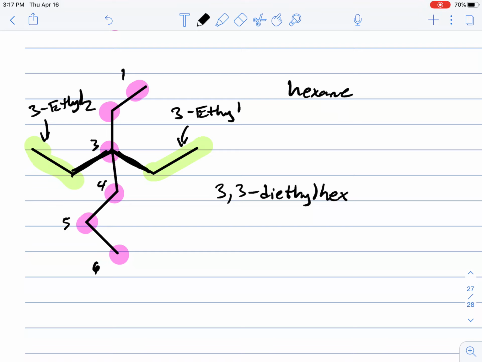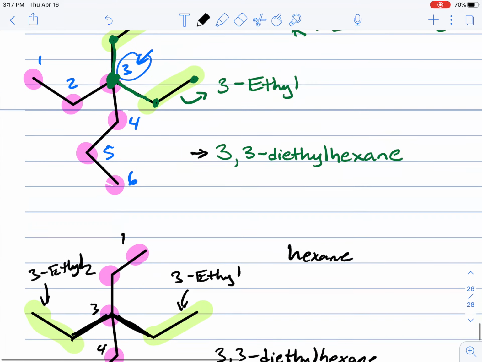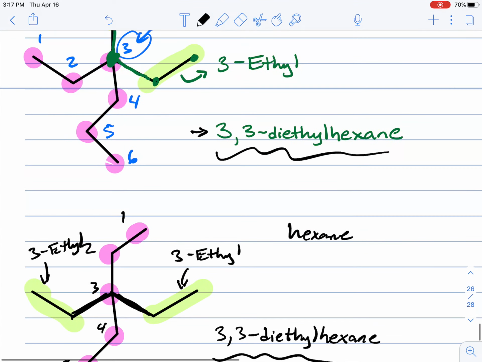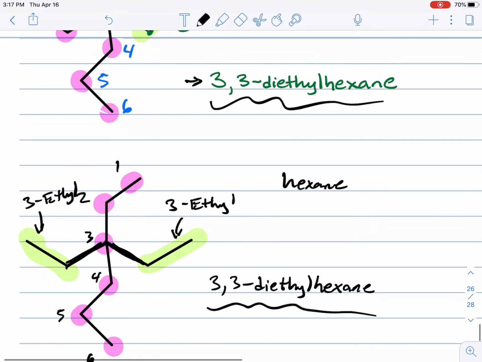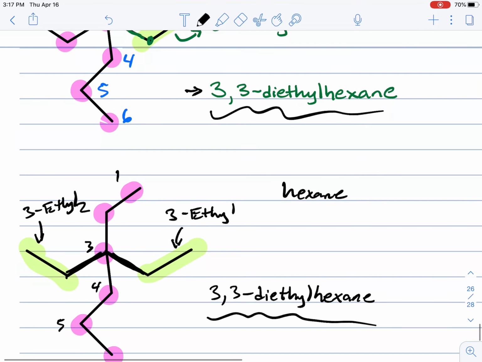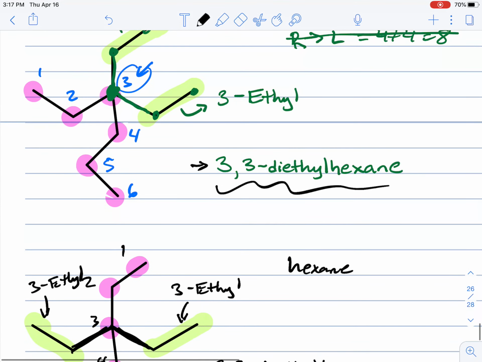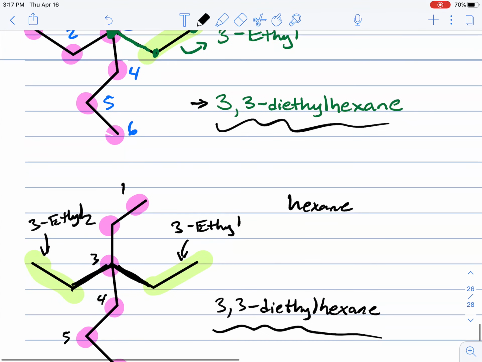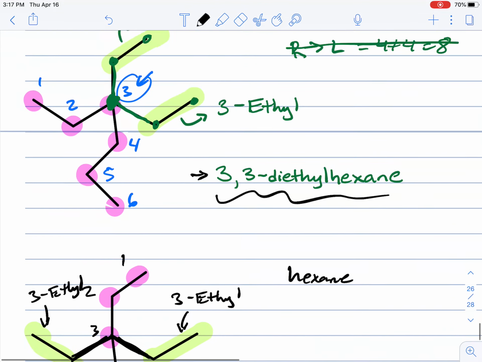And my parent name is going to be hexane. And so it looks like for this example, because it's symmetrical, both paths will give you the same answer. Both numbering systems, sorry, or what you guys perceive as the longest carbon chain will give us the same answer.